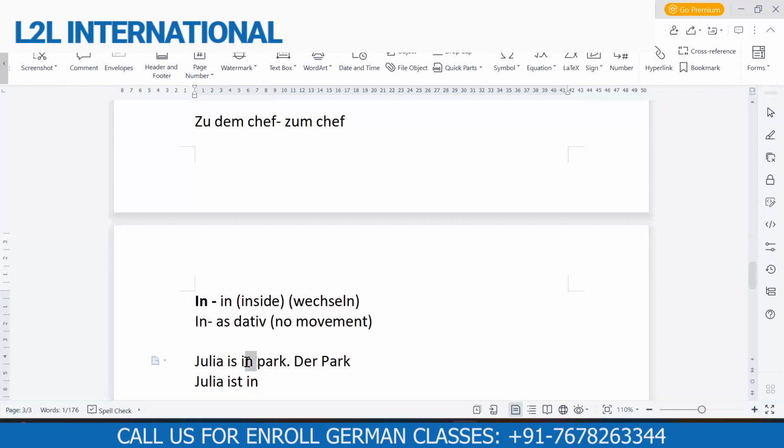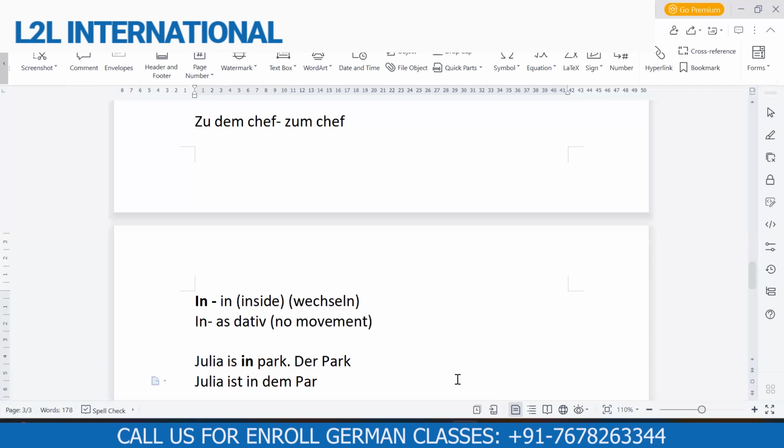The preposition I told you, "in", is "in" in both German and English, like you are in the park. So you have to use the preposition "in" here, not "zum". I am not saying Julia is going to the park. I am saying Julia is in the park. Julia is in dem Park. In dem Park. Very good. Julia is in the park.